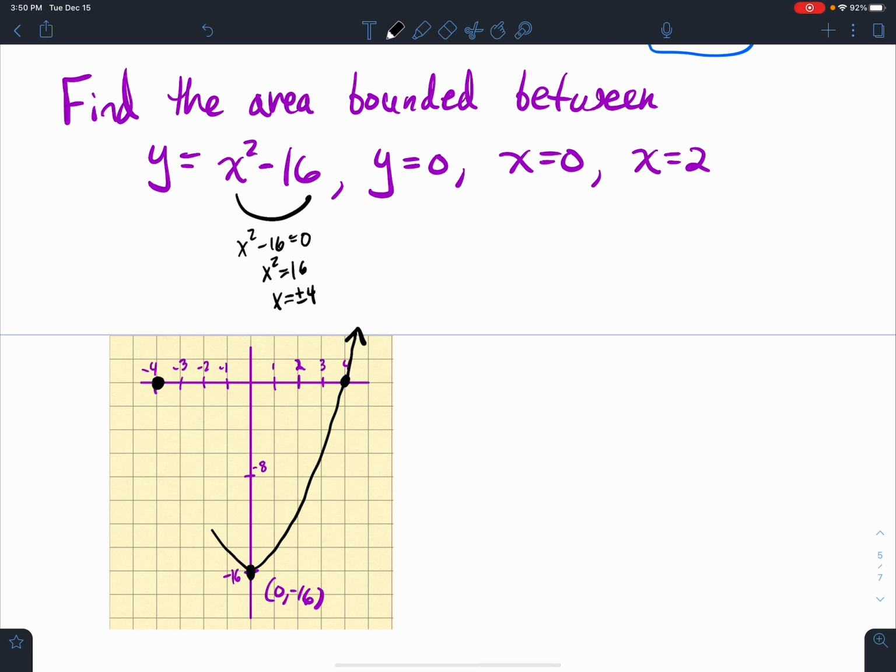Okay, so something along those lines there. All right. And then also I'm going between x equals 0, which is the vertical line here, and x equals 2. Okay. And then y equals 0, which is horizontal.